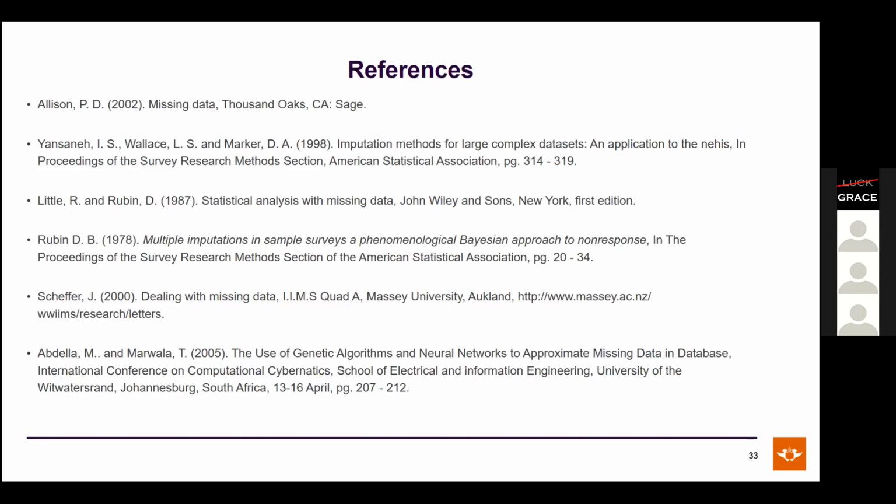Oh, thank you. Yeah, we have a couple of references which we included in the presentation. I think these are pioneers, as mentioned before. These are people who've worked on missing data, because they identified missing data is important.